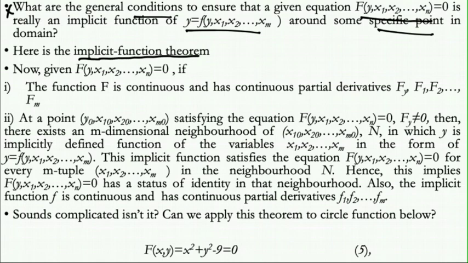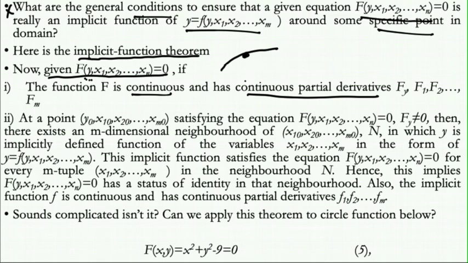Now, the implicit function theorem. Let's say we have an implicit function here written as this. Number one, this implicit function must be continuous and have continuous partial derivatives. It must be continuous means when we draw the curve, it continues, for instance, like this, with no gap in between.